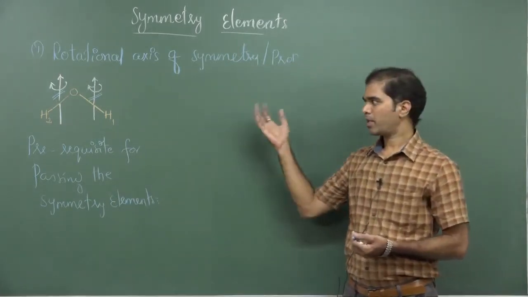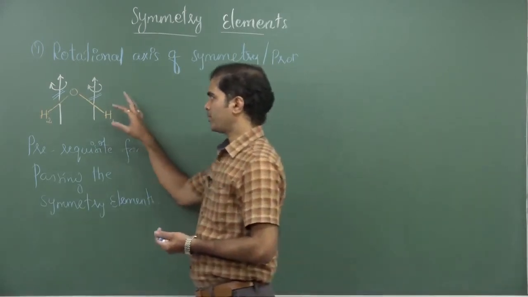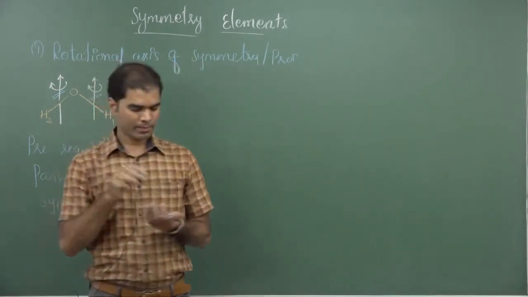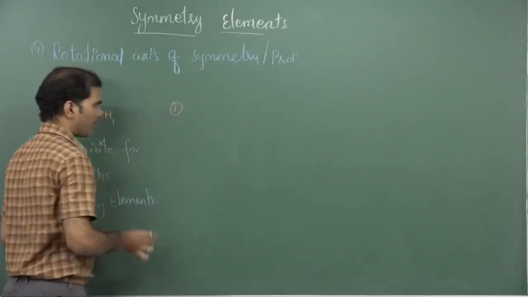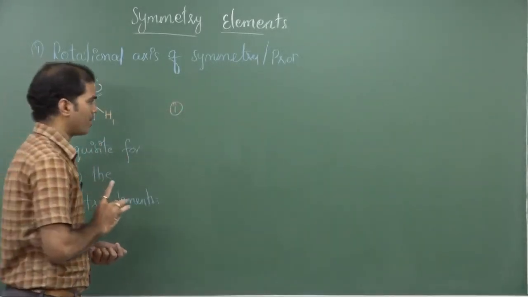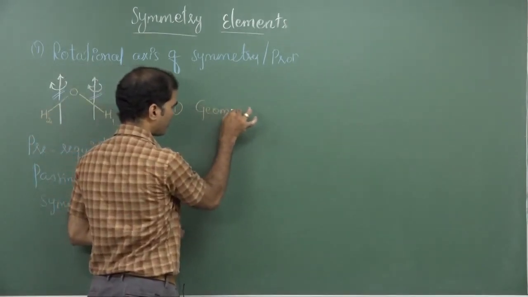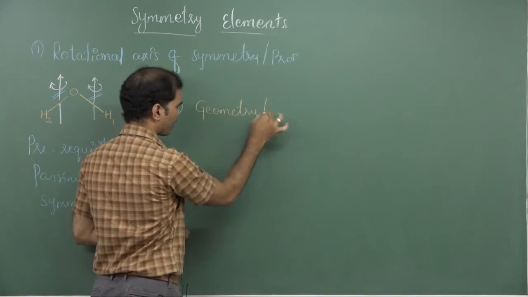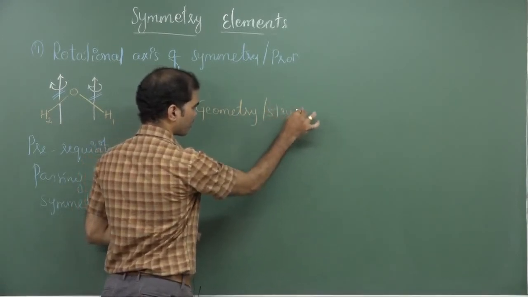This is just for our understanding. What are the guidelines? Once I have given you a molecule, the first prerequisite is that the minimum knowledge any student should have is the geometry, or you may say the structure.